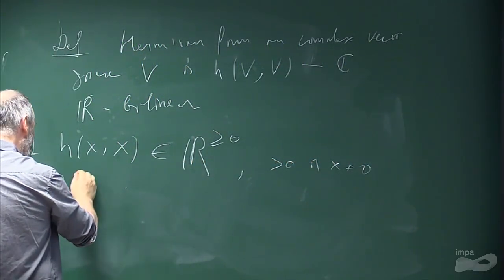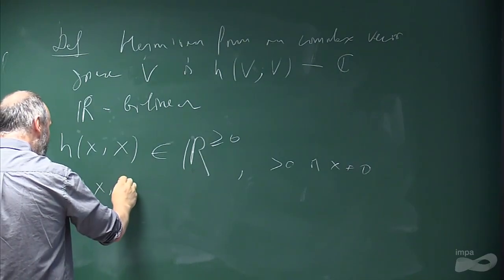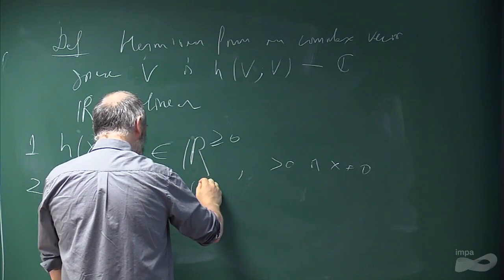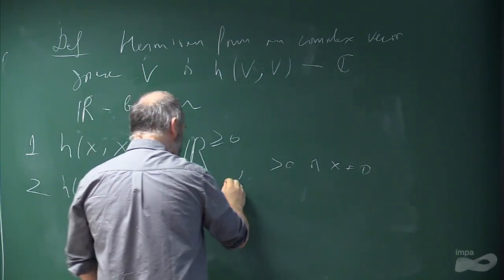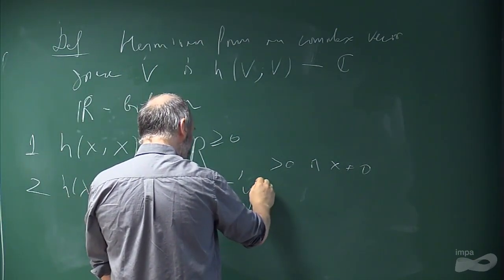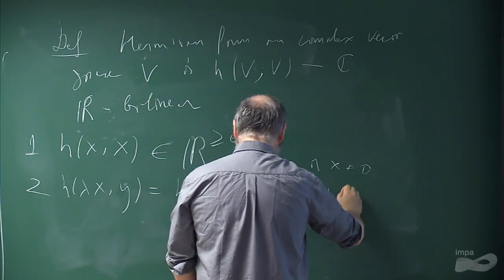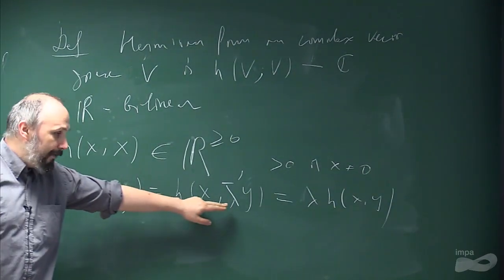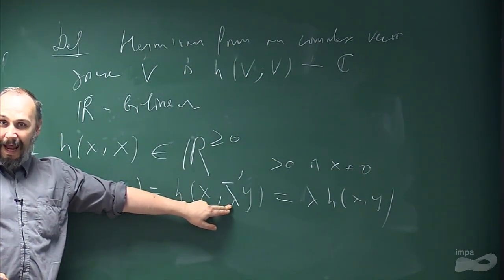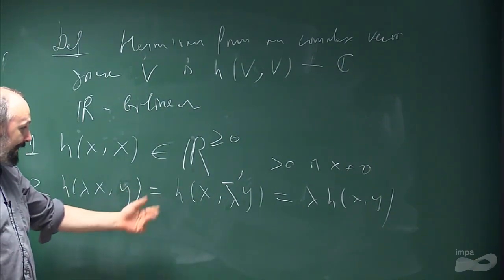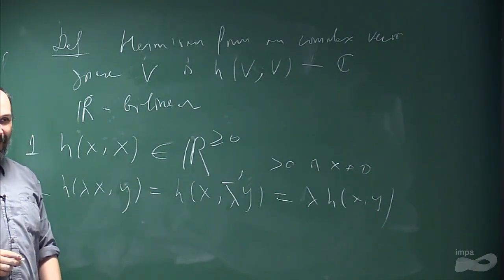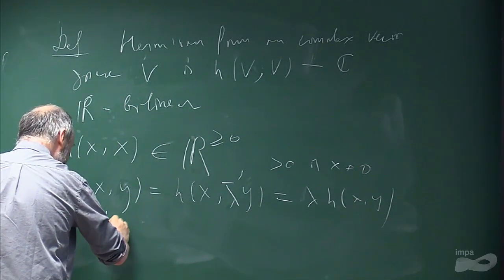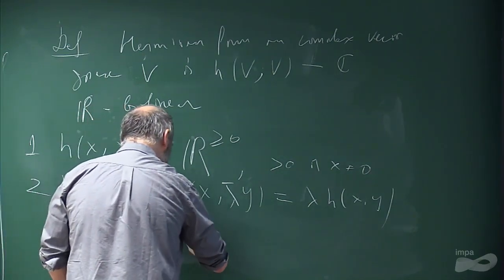So the second is H of lambda X, Y is equal to lambda H of X, Y. In other words, it's linear in the first and antilinear in the second argument. Antilinear in the sense that you have to add complex conjugation. So H of X, lambda Y is equal to lambda bar H of X, Y.